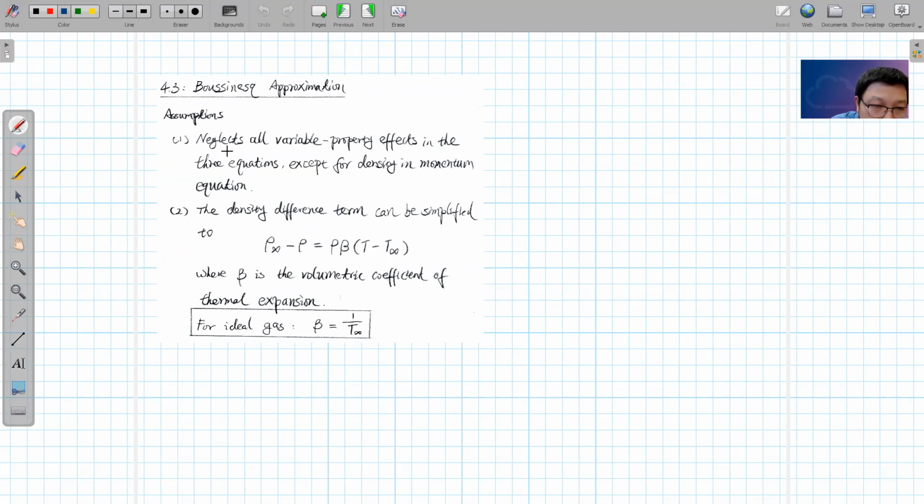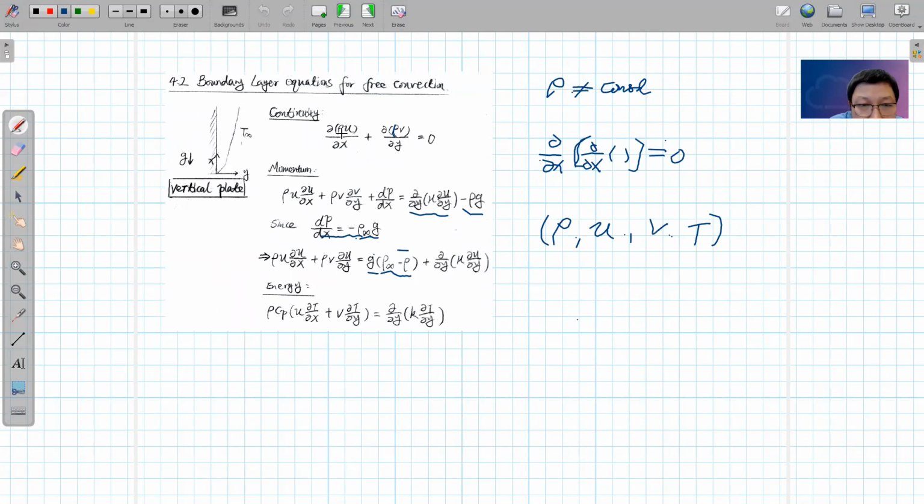The first assumption is that we can neglect all the variable property effects in these three equations, except for the density in the momentum equation. In the continuity equation, we can still assume the density is approximately constant, so you can take this rho out and remove it from both sides.